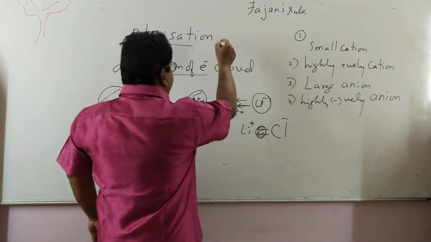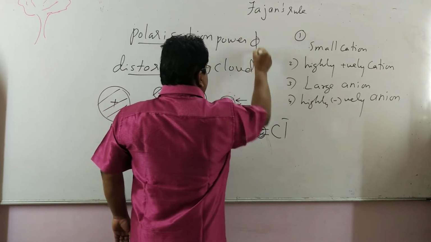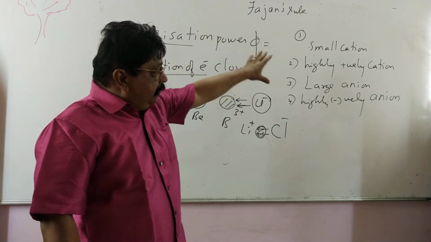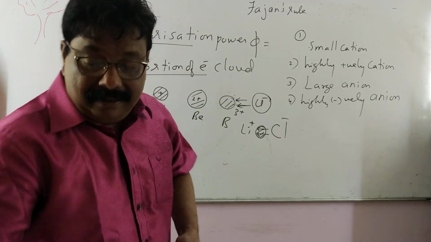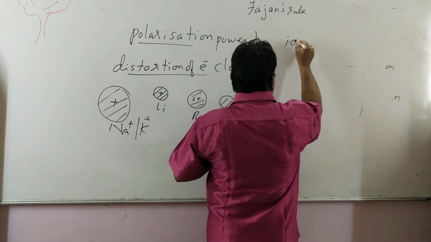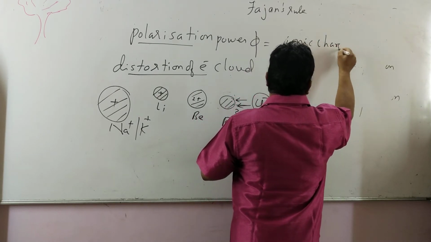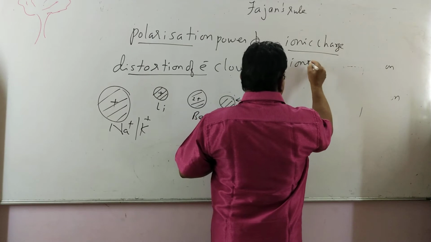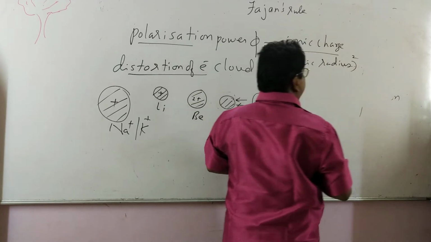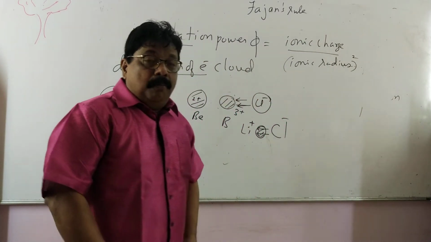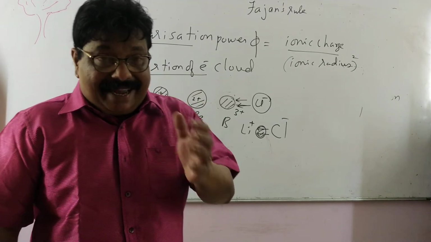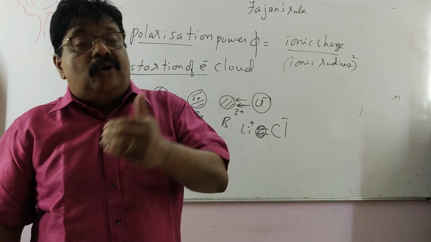So polarization power, we denote by P. Note down these 4 conditions in your mind. Polarization power is proportional to ionic charge upon ionic radius, the whole square. So the more the polarization, the more will be the covalent character in the compound.